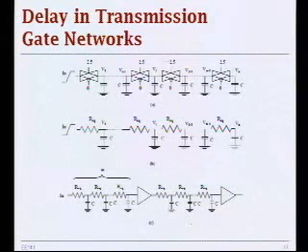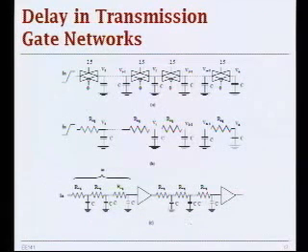Elmore says that if all the R's and C's are equal, the time constant would be RC times N squared plus N over 2, something like that. So the delay would be proportional to the number of stages squared. It's a quadratic function of the number of stages.